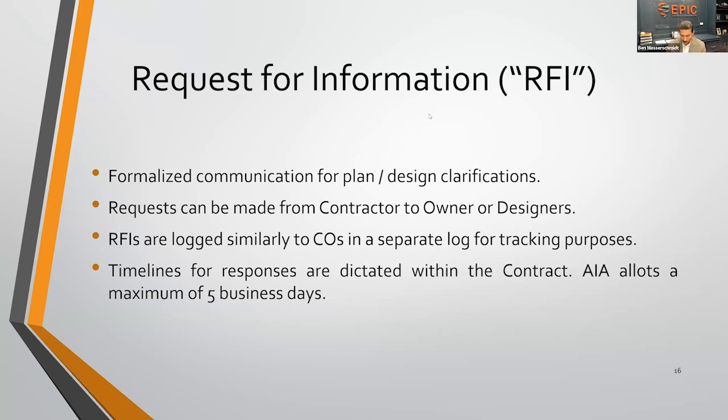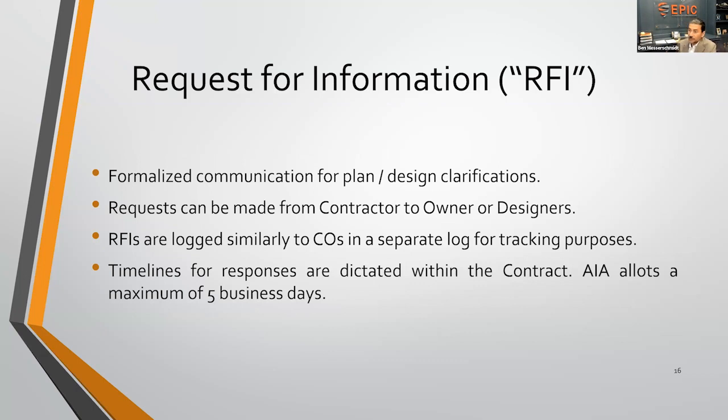Okay, moving now to requests for information, or RFIs. These are really just going to be formalized communication for plan or design clarifications. Basically, the contractor needs some added direction as to what to do given a certain scenario.